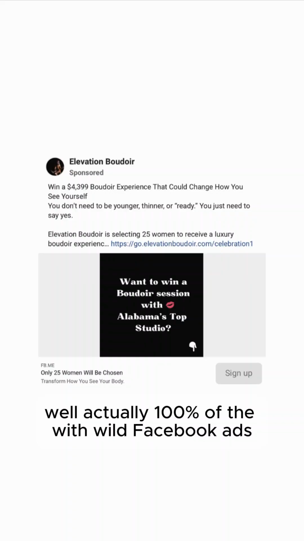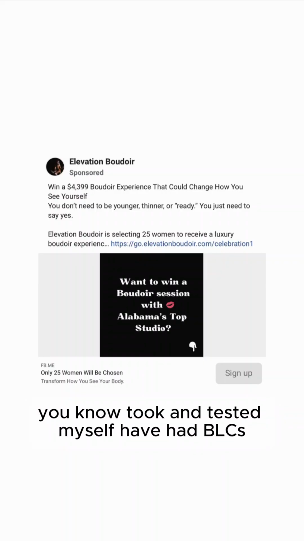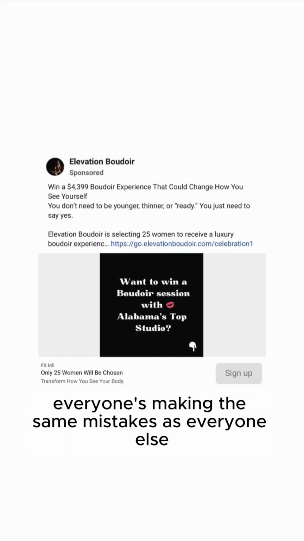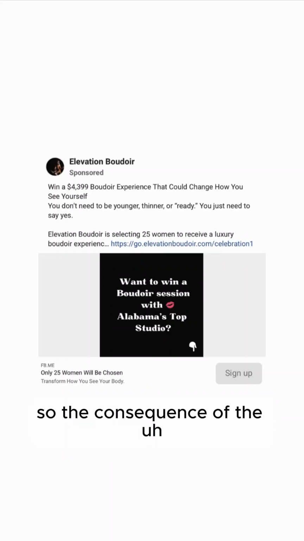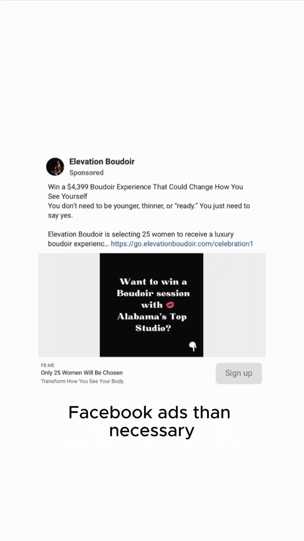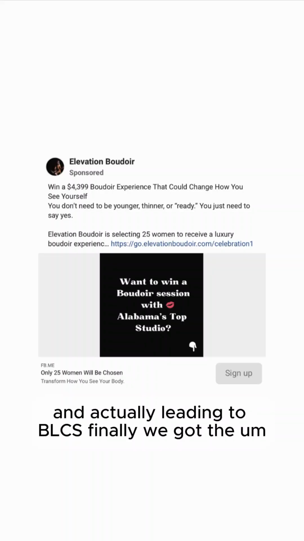Well, actually, 100% of the boudoir Facebook ads I have seen the back end for and tested myself have had BLCS, literally 100% of them. And that's because everyone's making the same mistakes as everyone else. So the consequence of the looks like an ad mistake is we're going to have way more women scrolling by our boudoir Facebook ads than necessary, pulling our unique CTR all under 6%, and actually leading to BLCS.